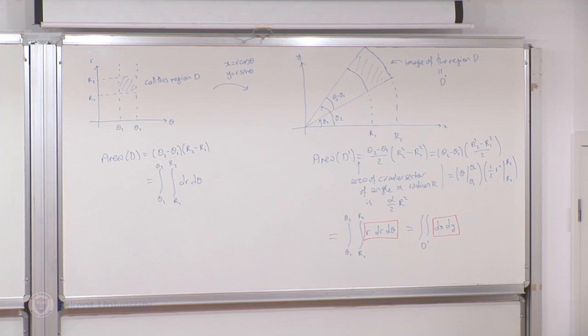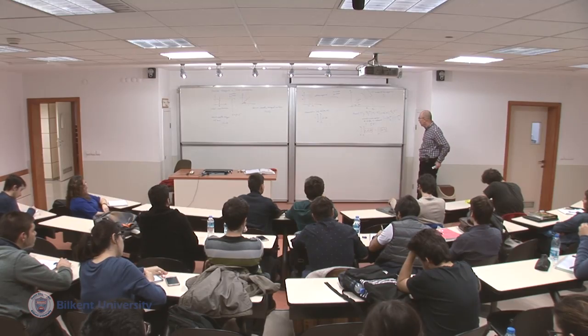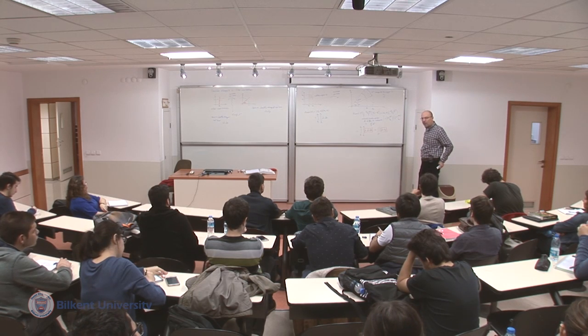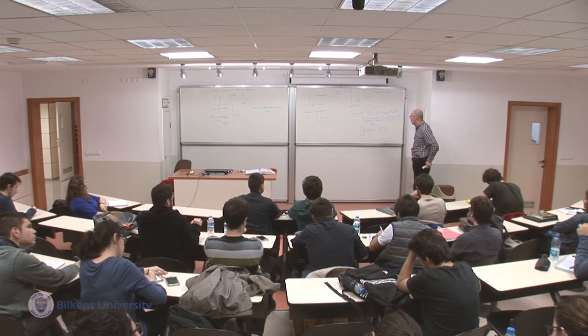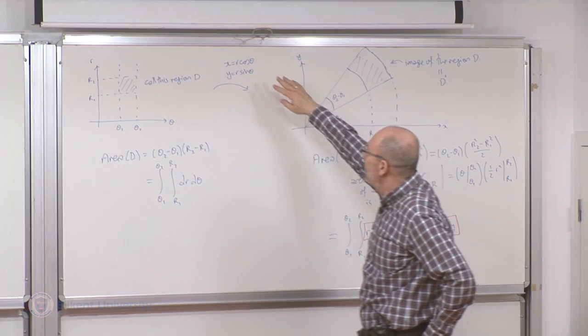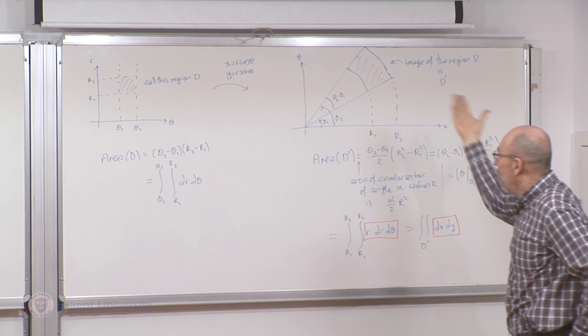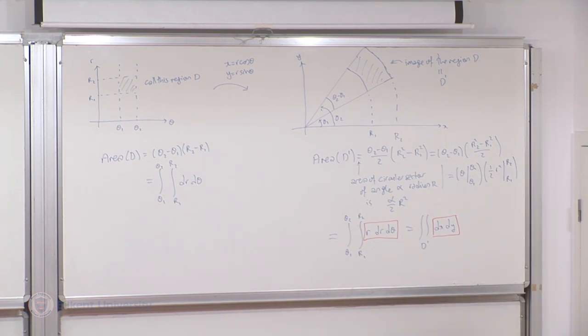There is a correction factor. It has a technical name. It's called the absolute value of the Jacobian. Because you can change the order here, you should again get similar pictures. Then if you calculate the Jacobian, it will be minus r, but the picture doesn't change.